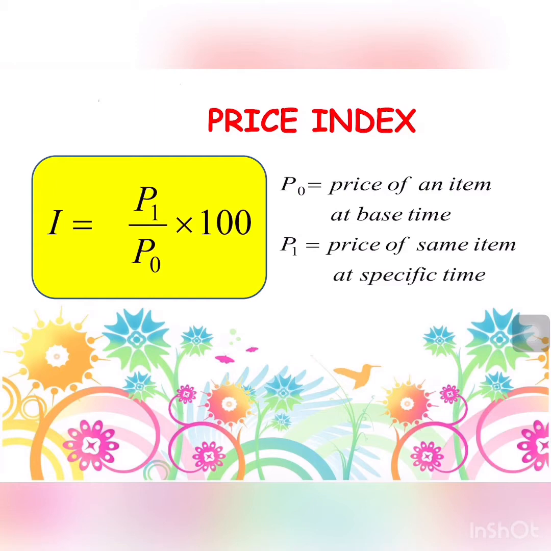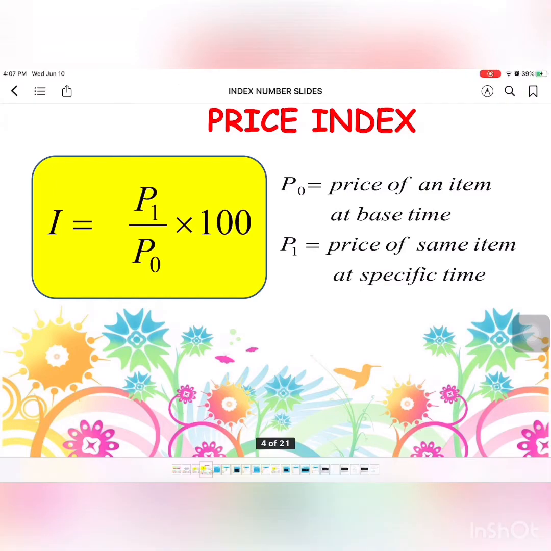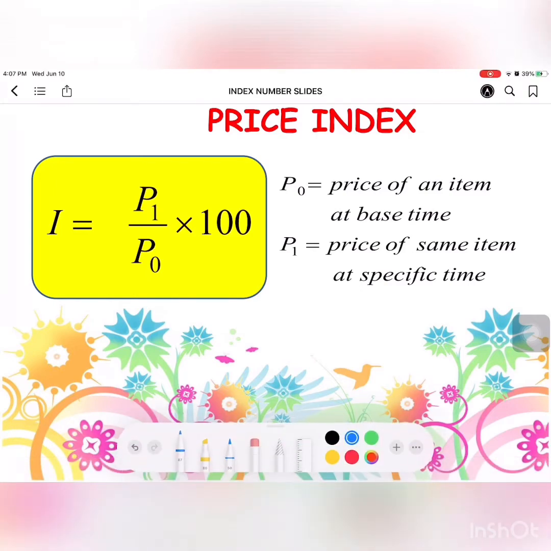We are going to find the price index for a certain object. P0 means the price at the base time, which means the previous time.